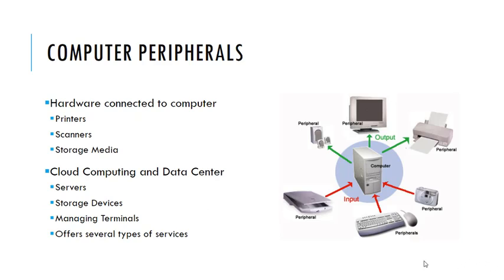The peripherals that can be connected to a computer are simply the hardware: the printers, the scanners, the storage media. All of these are called peripherals. These peripherals can also be connected to a computer network as senders and receivers of information and orders from the computer users to execute something that he wants to be done.